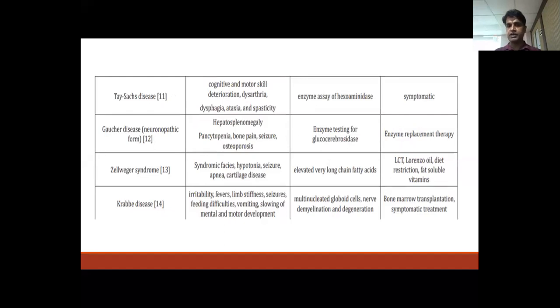Gaucher's: hepatosplenomegaly, and pancytopenia is a part of Gaucher's, bone pain, seizures, osteoporosis. Zellweger's: there will be syndromic facies, hypotonia, seizures. So a child with seizures and syndromic facies, consider Zellweger's. Krabbe's: irritability, limb stiffness, vomiting, slowing of mental development, which we covered.